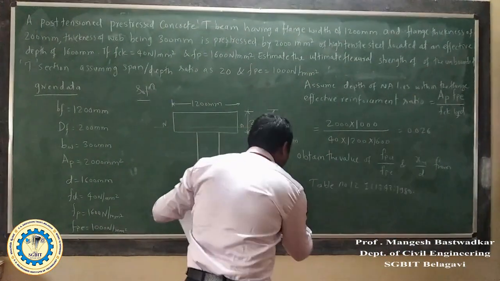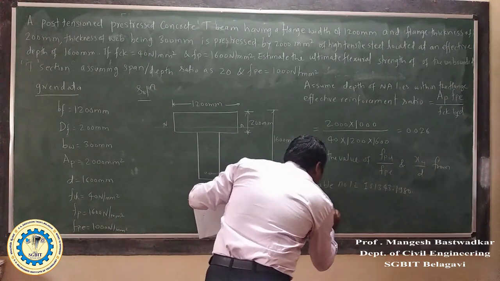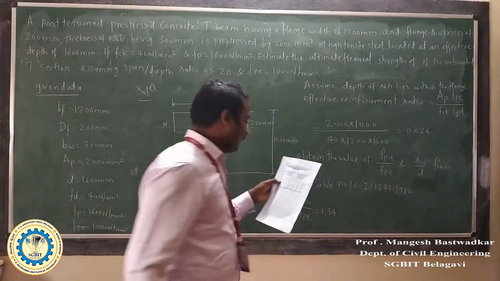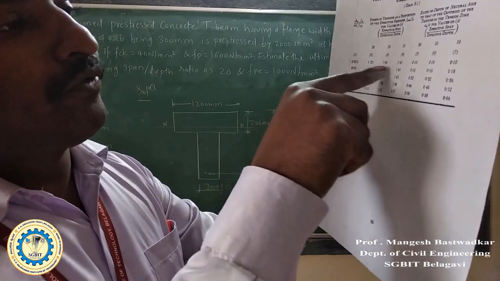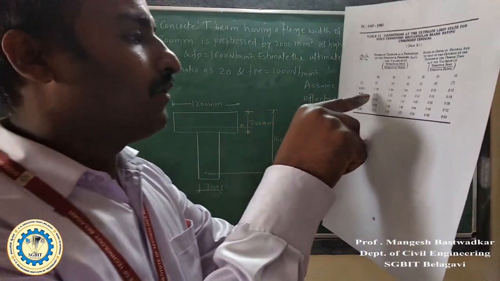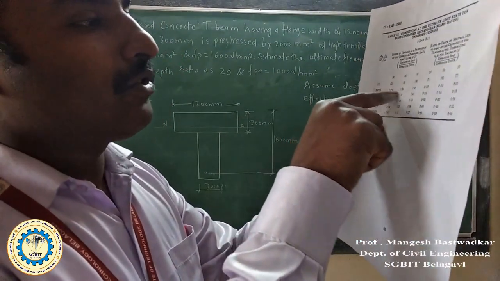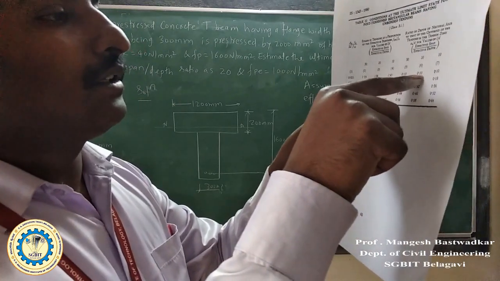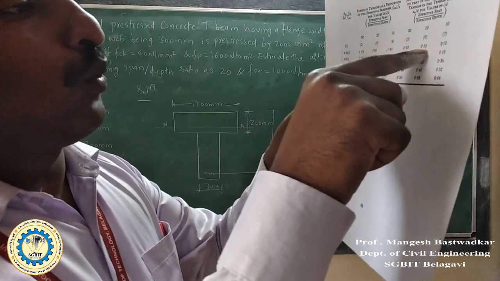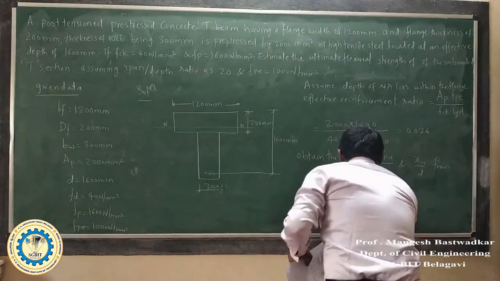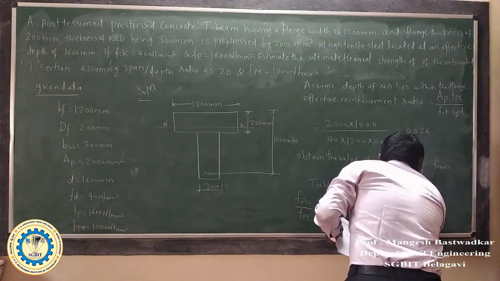So FPU by FP is 1.34, and here XU by D value for 0.025, since the effective reinforcement ratio is very near to 0.025, is 0.10.